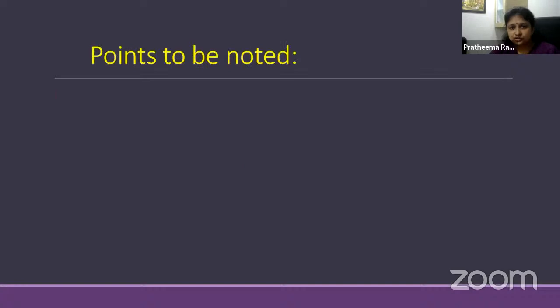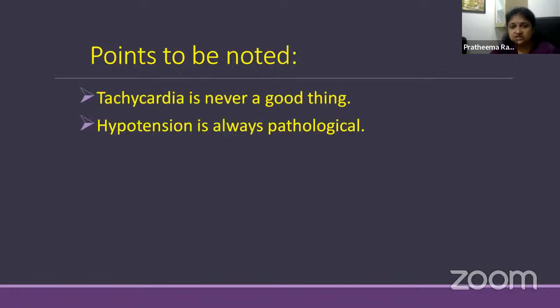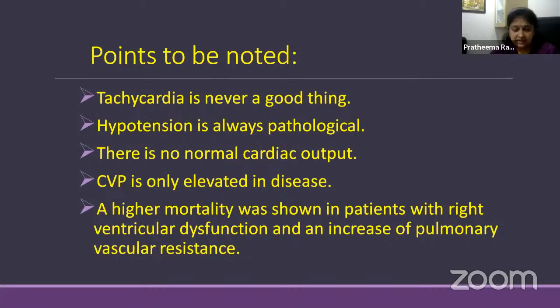So points to be noted in hemodynamic monitoring as a whole. Tachycardia is never a good thing. We cannot just ignore tachycardia, and hypotension is not always pathological. And there is no normal cardiac output. CVP is elevated only in disease. Higher mortality was shown in patients with right ventricle dysfunction.